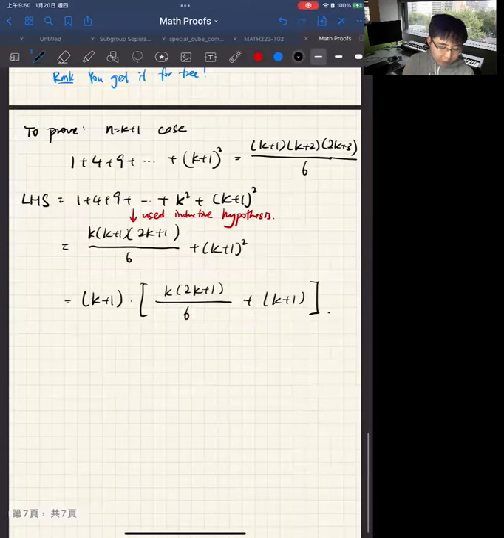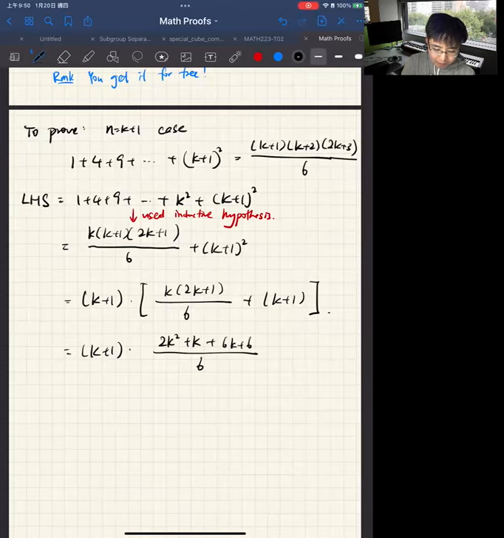You expand, so you have 6, 2k squared plus k plus 6k plus 6. So here is from here, and here is from here. And then you just put them together: 2k squared plus 7k plus 6.